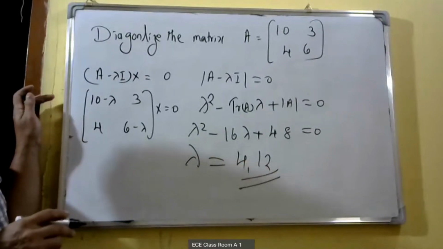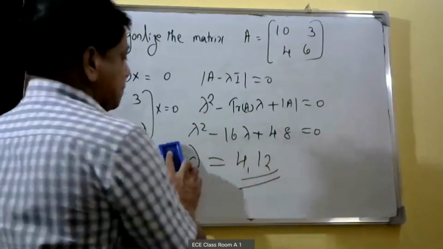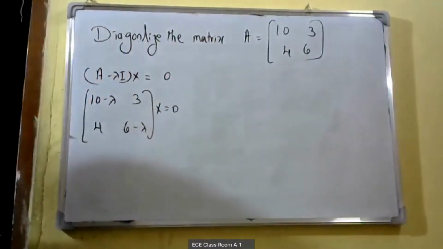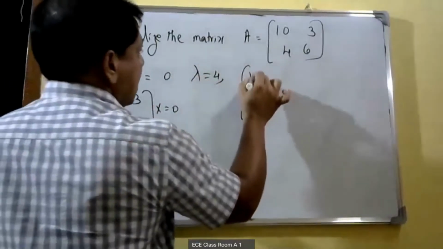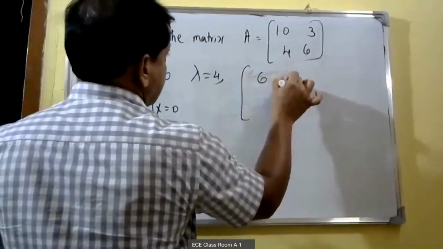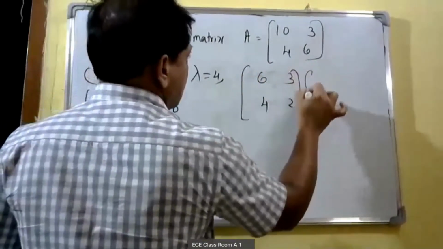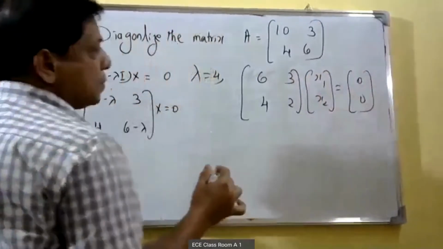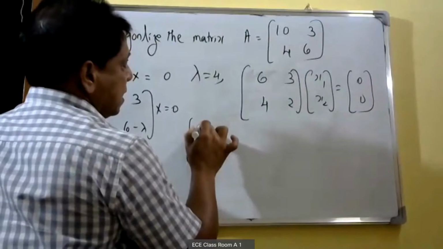Based on these eigenvalues, we have to find the eigenvectors. Next, for lambda equal to 4, the eigenvector equation is [10 minus 4, 3; 4, 6 minus 4] [x1; x2] = [0; 0], that is [6, 3; 4, 2].